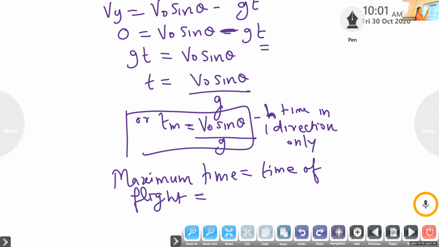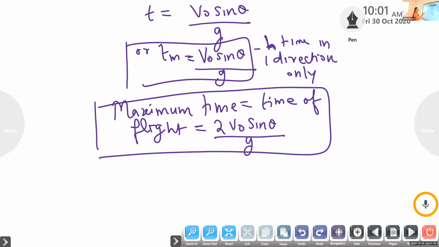V0 sin theta by g again one more time, no? So we can write, maximum will be 2 V0 sin theta by g. So this is the maximum time taken for going and coming down. This is for only one way, the time taken to reach maximum height one way. And if you consider both ways, then this is going to be our equation. So this is known as time of flight. And we also represent time of flight as TF. We can also write it as 2Tm.